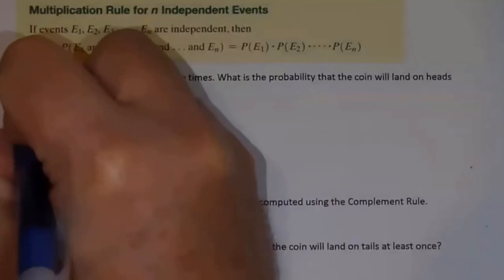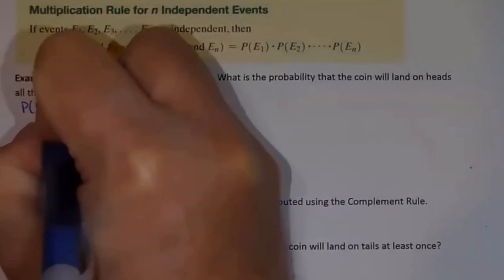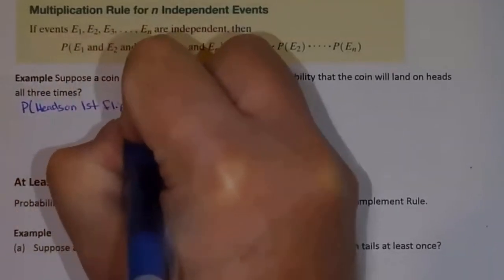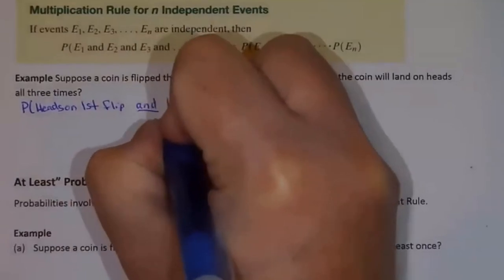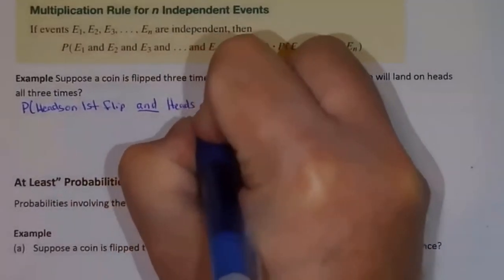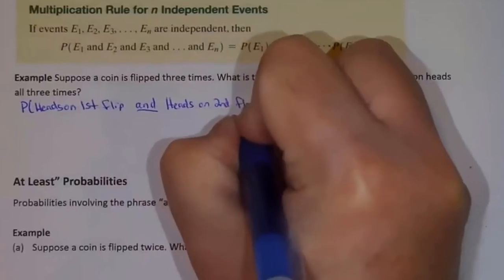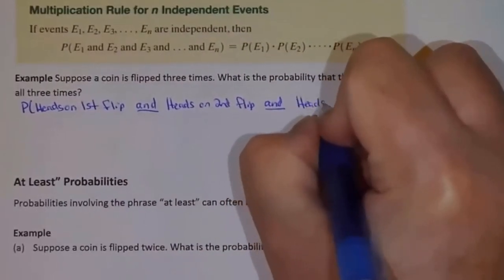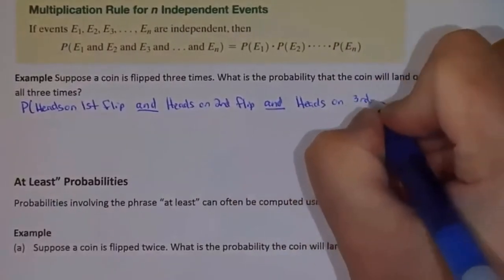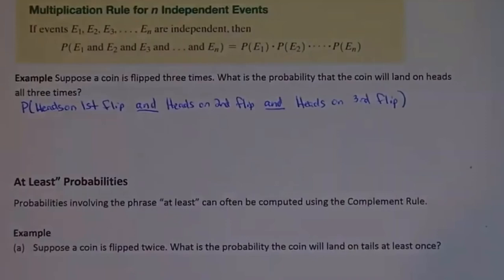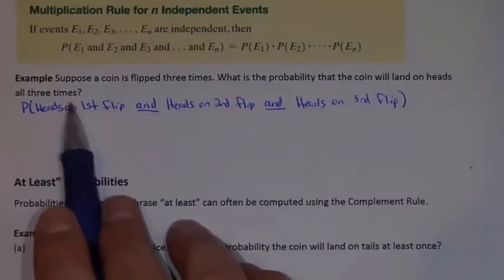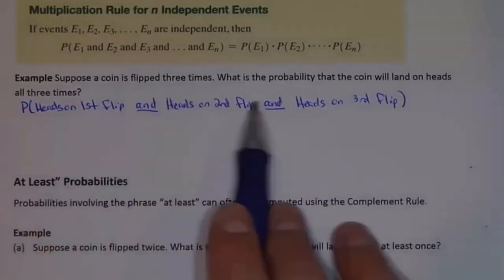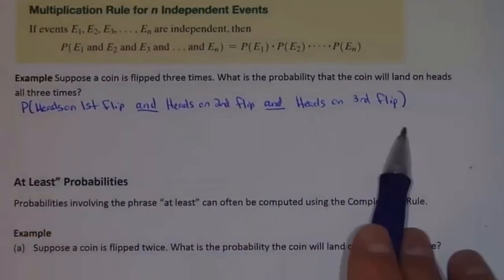I want to know what's the probability it's heads on the first flip and heads on the second flip and heads on the third flip. So because the first flip, the second flip, and the third flip are independent of each other, the outcomes don't affect the probabilities of the others.